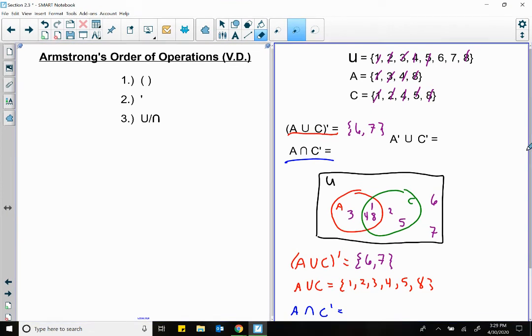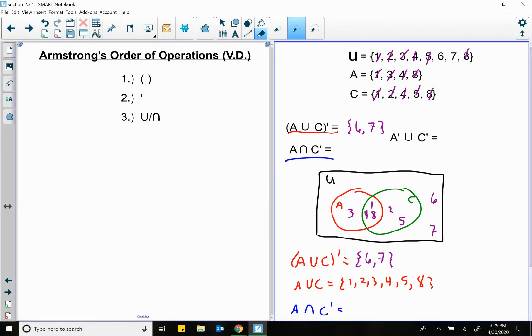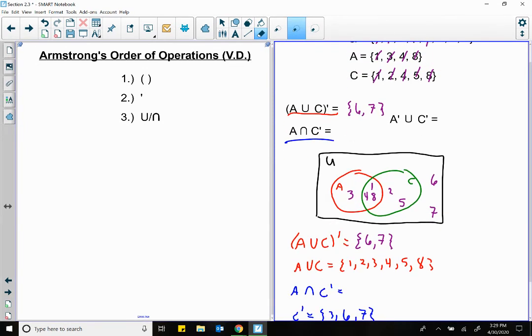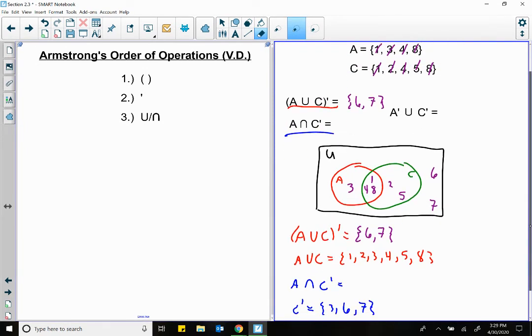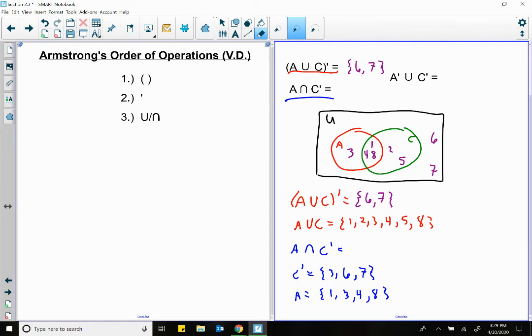So intersection means what is in common. Trying to get this to scroll down. There we go. Well, sort of. So what is in common between these two sets? What does the C complement and the A have in common? Well, in the end, there's only one piece.